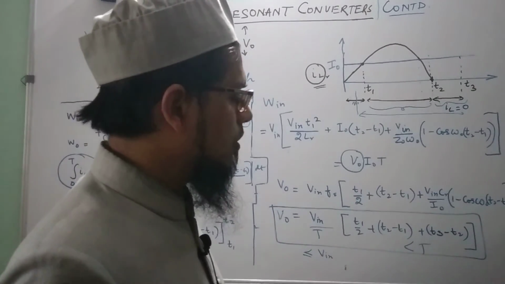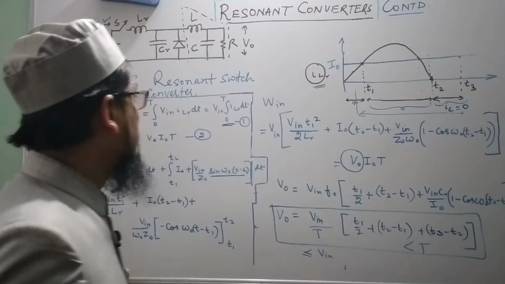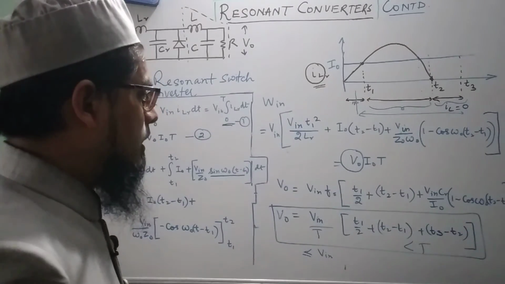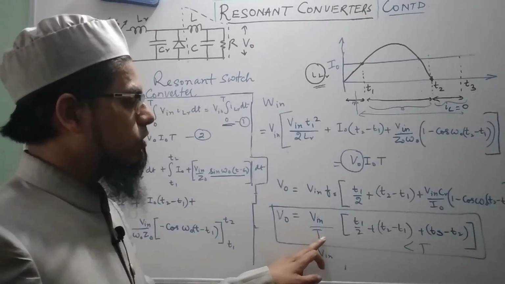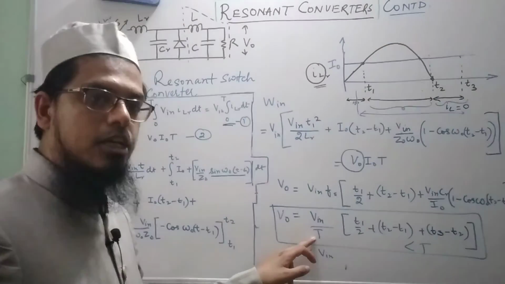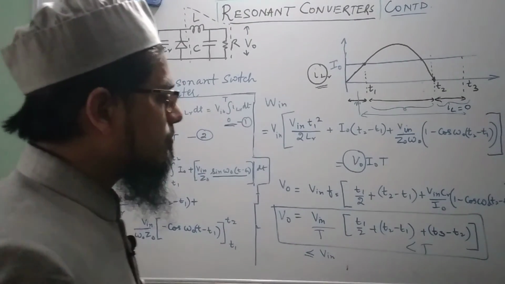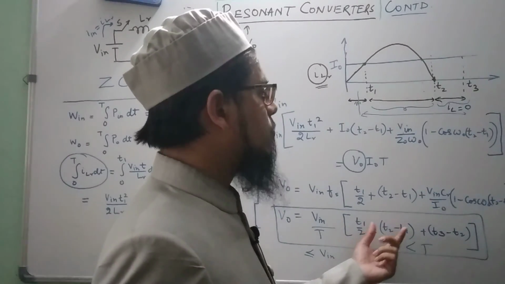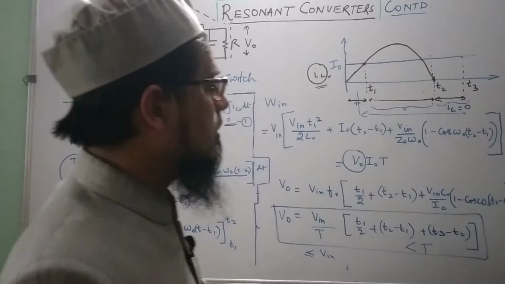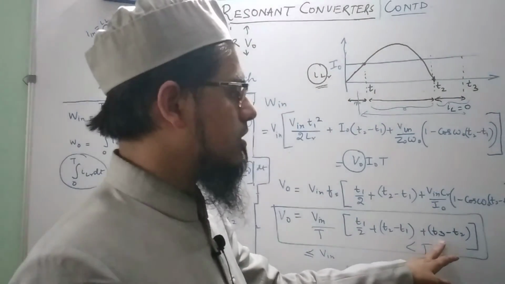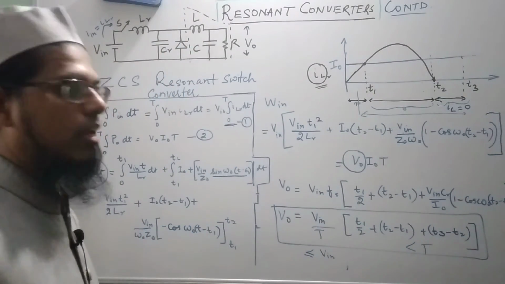So basically we are having a buck operation here in case of the ZCS resonant switch converter, and moreover the output voltage, it not only depends on the input voltage, it also depends on T or the frequency of the switching. Okay. And it also depends on the values of the LR and CR that we have used in our circuit, because these T3 and T2 terms and other terms, they depend on those values.